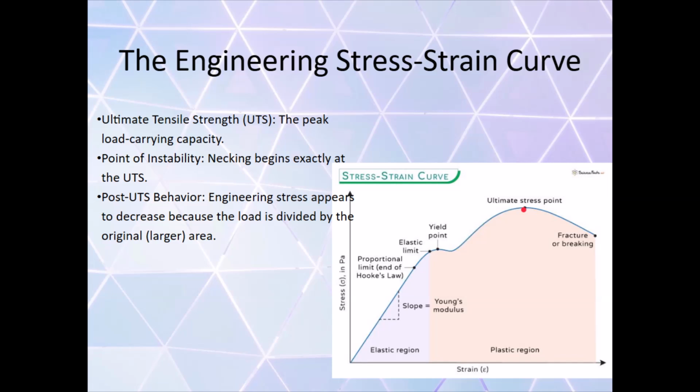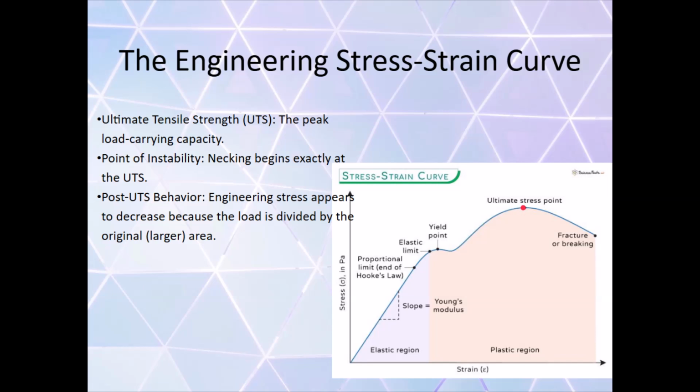Before going into necking, we need to understand a term known as ultimate tensile strength, which is the peak load carrying capacity, the peak load until which the material does not undergo fracture.